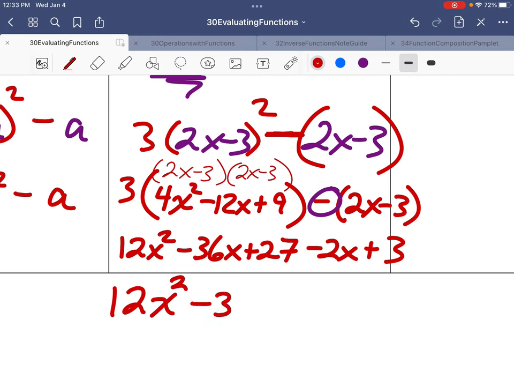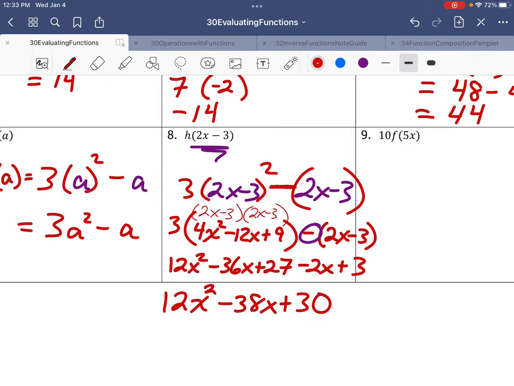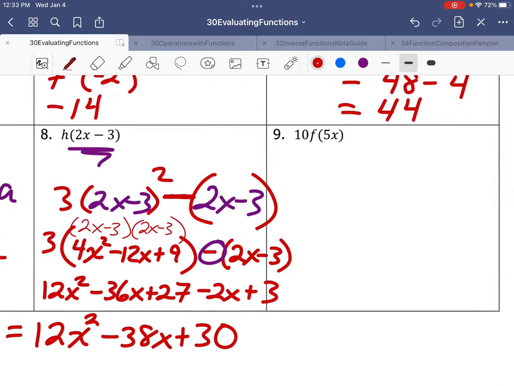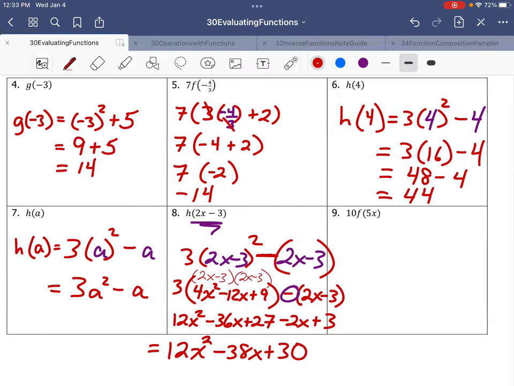Combine some like terms, and this is the type of answer that you're going to get. The answer comes out to be an expression. You're still evaluating, but it's just that the answer is an expression.